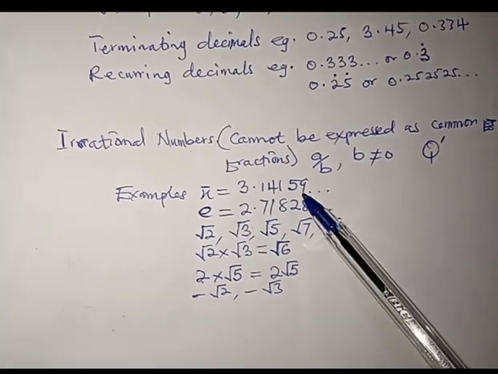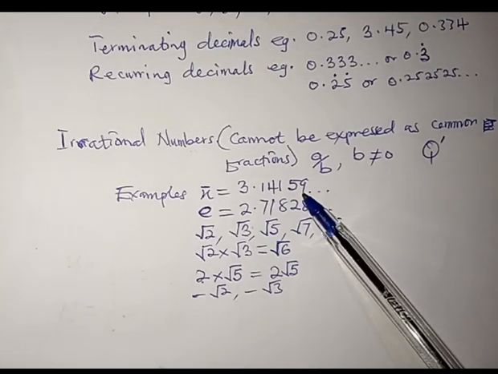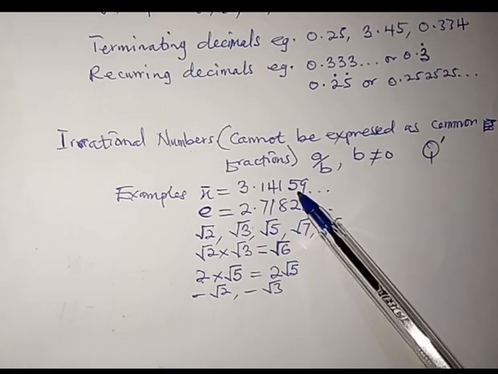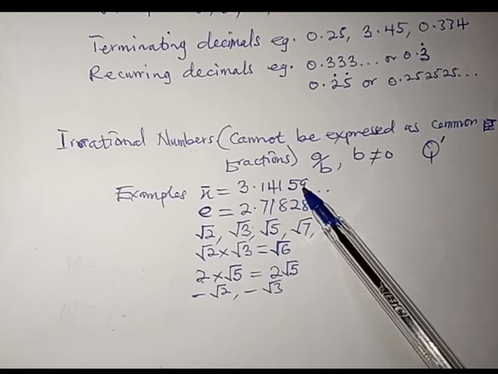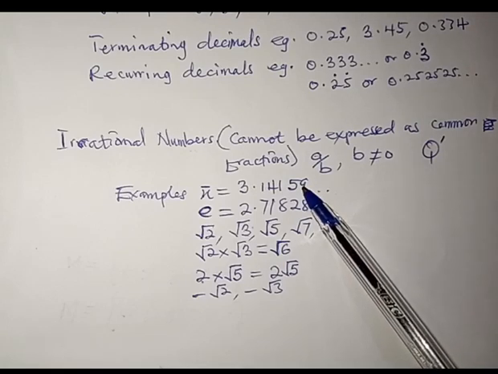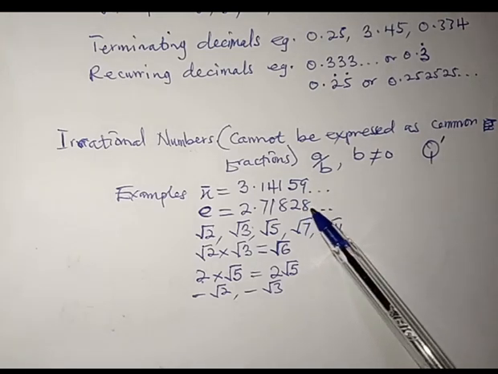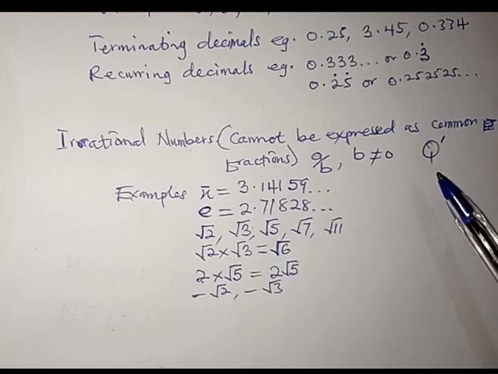The 9 doesn't repeat. If you look at 8, 8 also doesn't have a repeating pattern. So that is what we are talking about. All these are examples of irrational numbers.